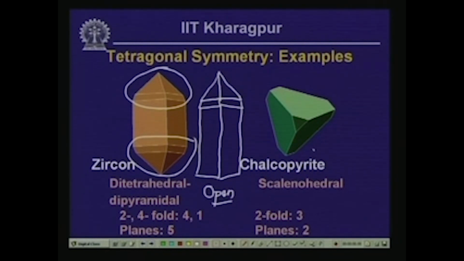On the right hand side, you have a crystal of chalcopyrite. Here each of the faces actually encloses the volume, so this one also is of the closed form.